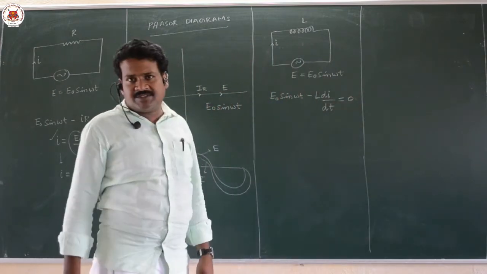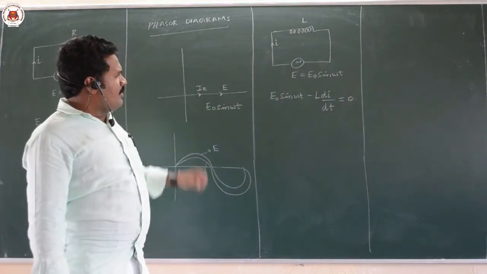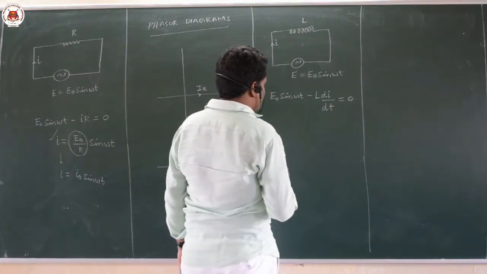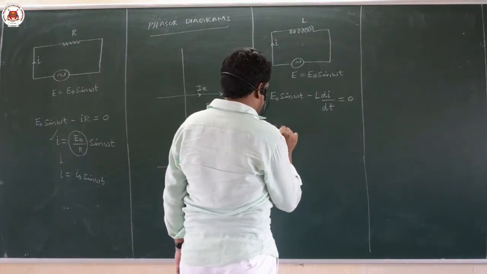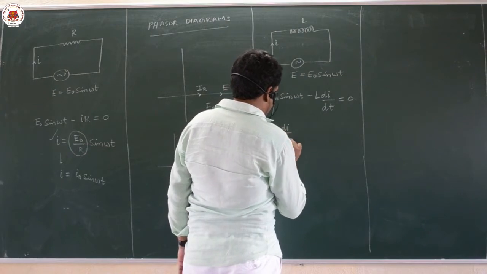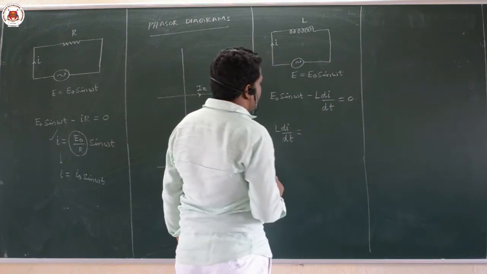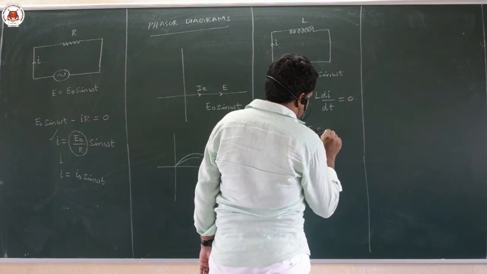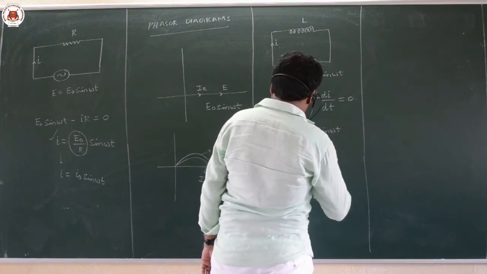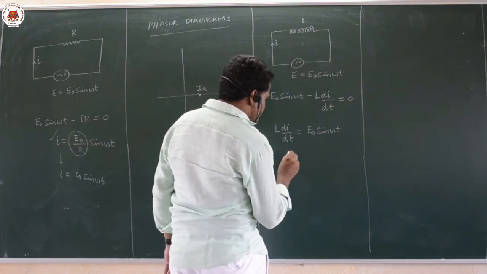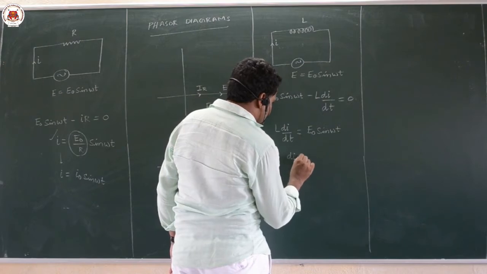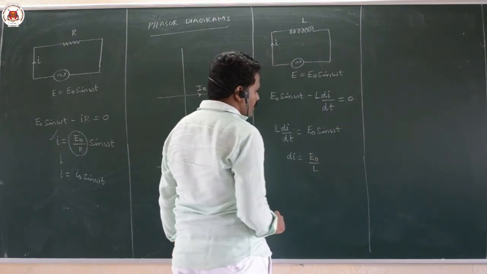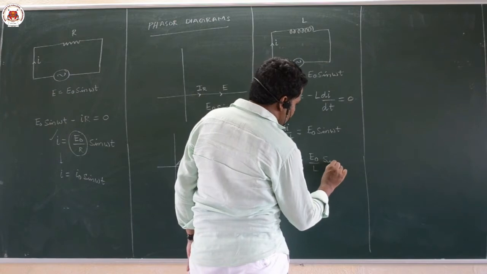Now let us calculate I from this. L di by dt is equal to E naught sin omega t. So di is equal to E naught by L sin omega t dt.